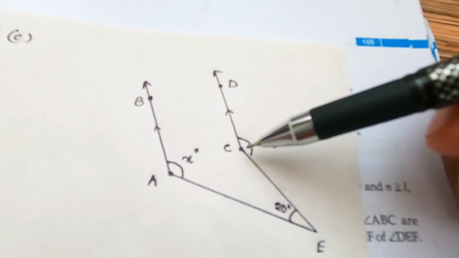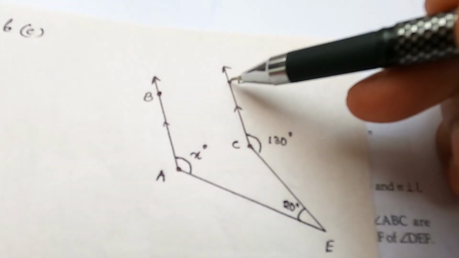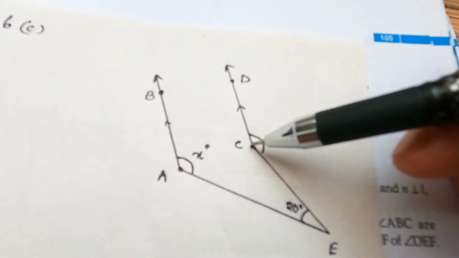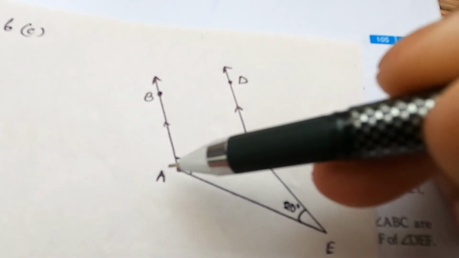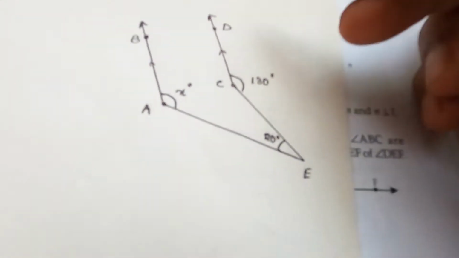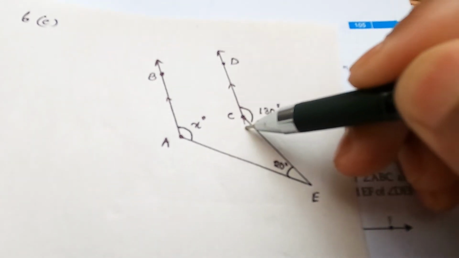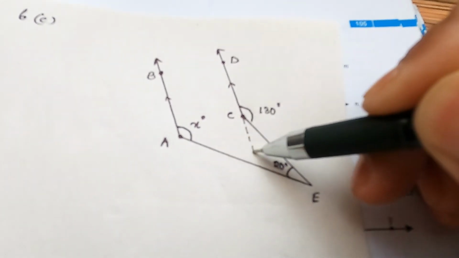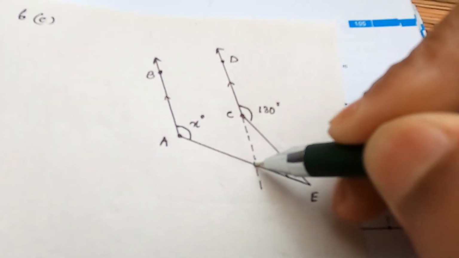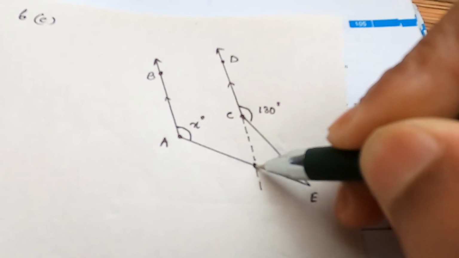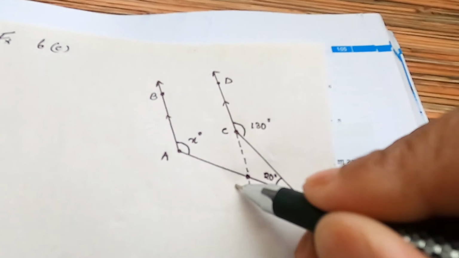So we will extend this line DC in such a way that it will intersect the line AE. Let us extend line DC. It intersects line AE at, let us name it, F.